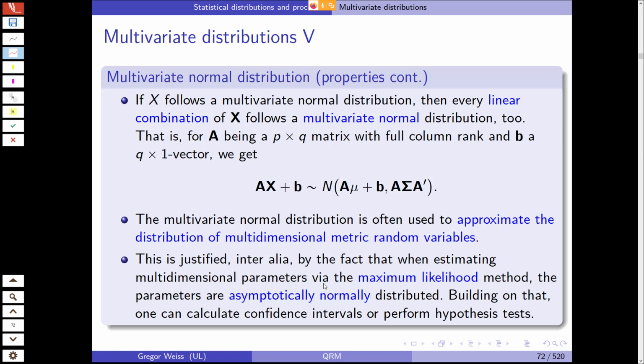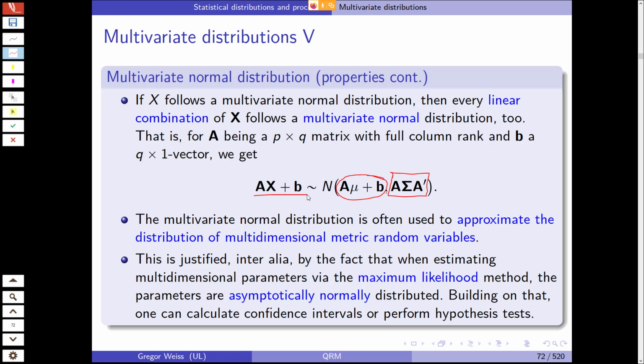That is, for A being a p times q matrix with full column rank and b a q times 1 vector, we get Ax plus b is again normally distributed in a multivariate normal distribution with a slightly different expected value vector and obviously a slightly different covariance matrix, which result from this linear function Ax plus b.